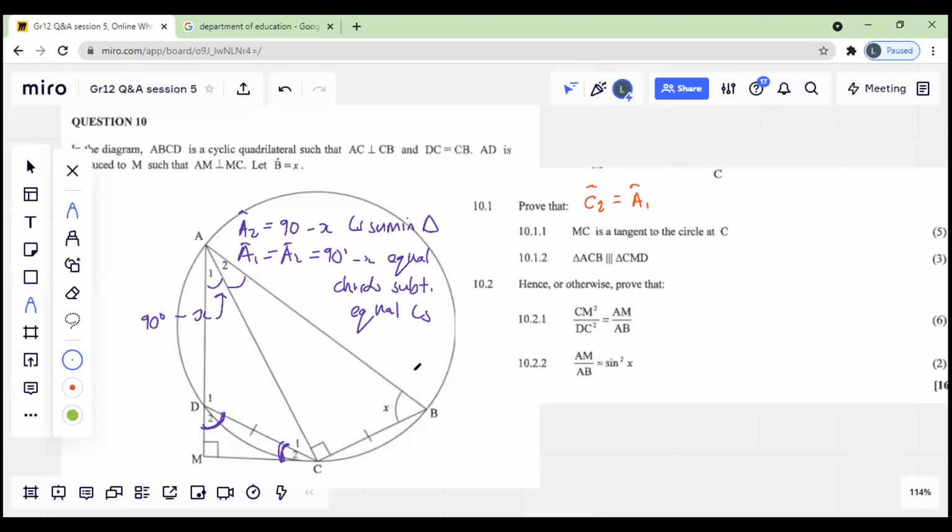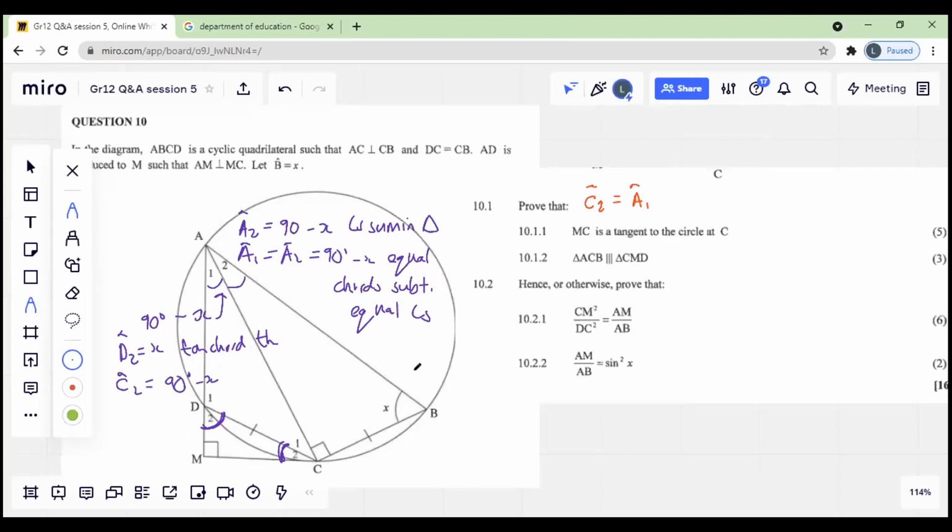Because of tan chord, ma'am. Because of tan chord, exactly. Which means D2 will have to be x. Exactly. Well done, good thing that you spotted that. So D2 is equal to x because of tan chord theorem, which means that C2 will be equal to 90 minus x.